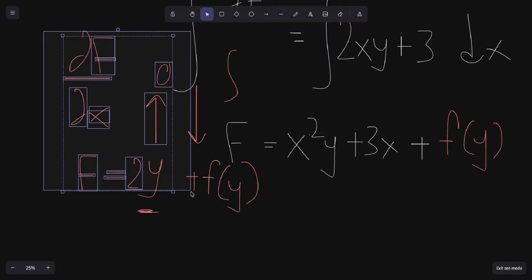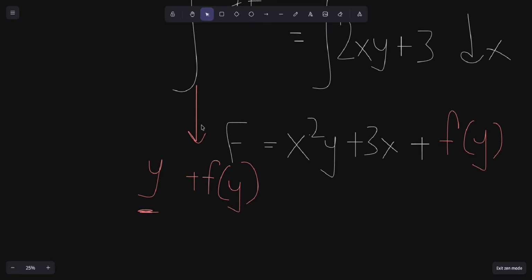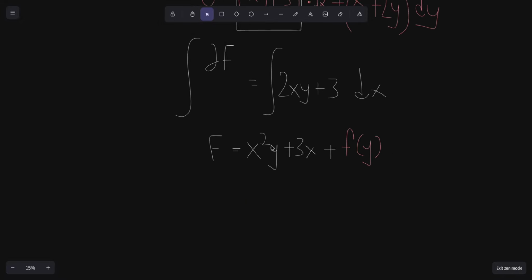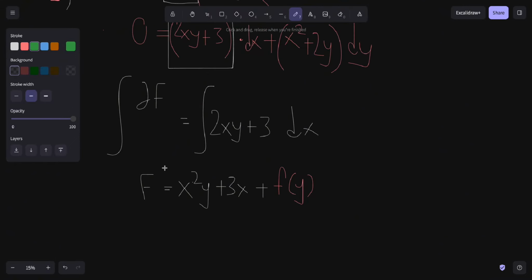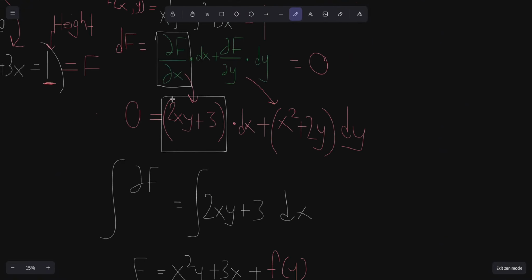So now that we have that established, we want to find this constant, this function, sorry, which acts like our constant. So what are we going to do? We have our partial with respect to x, but now let's try to find the partial with respect to y, because we know that it has to match up with this form.